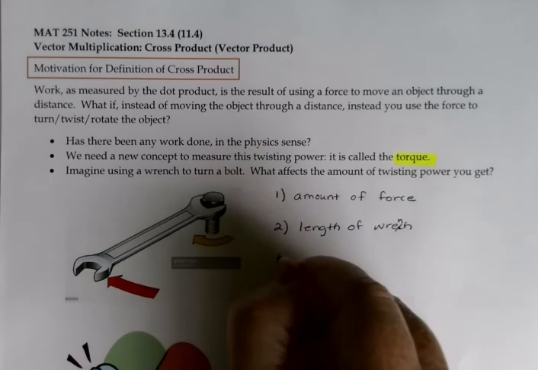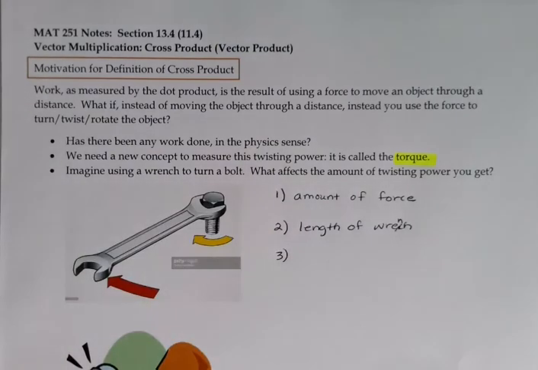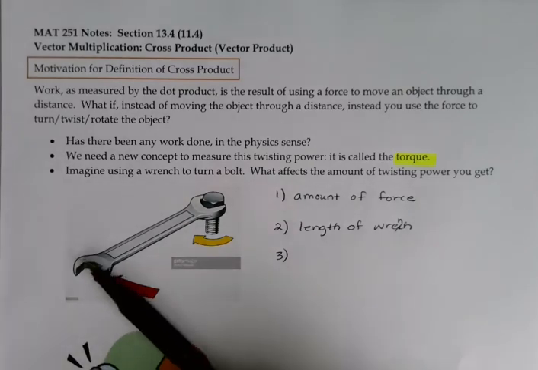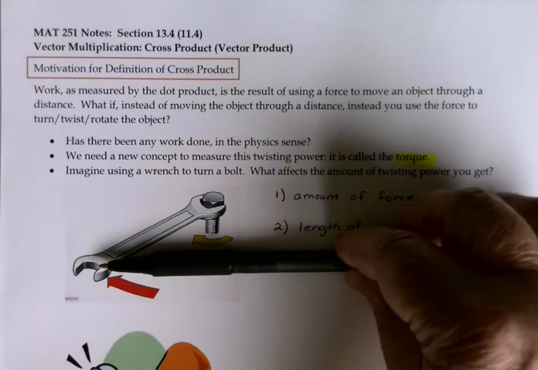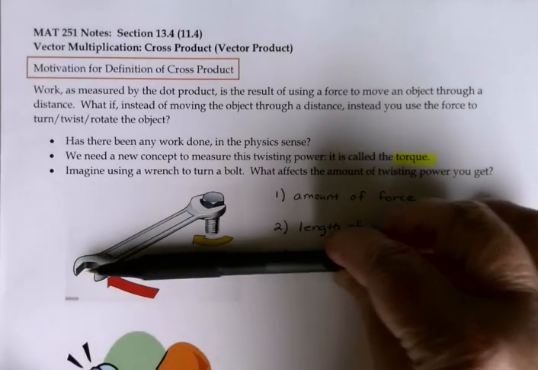All right, thirdly, and perhaps the most subtle, the third thing that affects the amount of power you get is the angle at which you apply the force. This is something that most of us do automatically. We usually use almost a 90-degree angle when we push against a wrench because that gives us the most power. If you can imagine directing your force, say, this way, maybe you'll still be able to turn it, but you certainly don't get as much leverage.